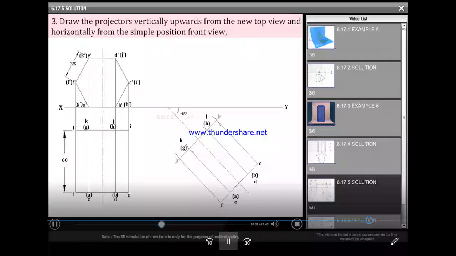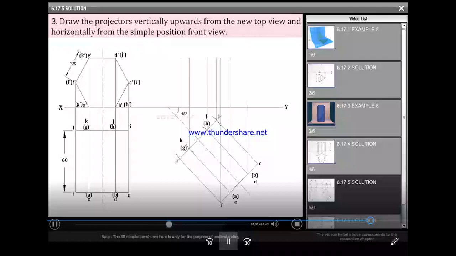Draw the projectors vertically upwards from the new top view and horizontally from the simple position front view.